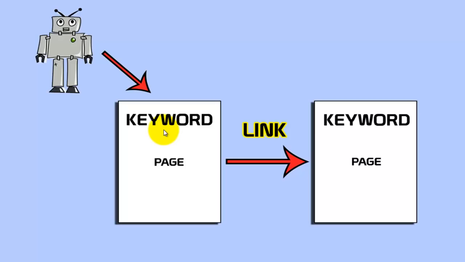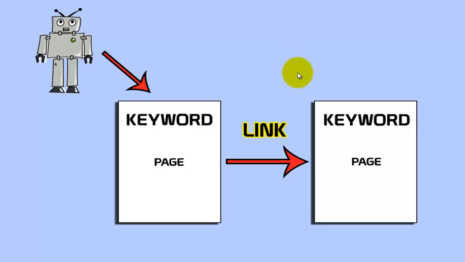Afterwards, what happens is they follow the links that you have inside of that website page. And many times this may be a link to another website page that you have inside of your site. Or for example, if in that website page you have a link to a Wikipedia page, the robot will follow that link, go to that Wikipedia page and perform the same action of analyzing that page's content and seeing exactly what it talks about.